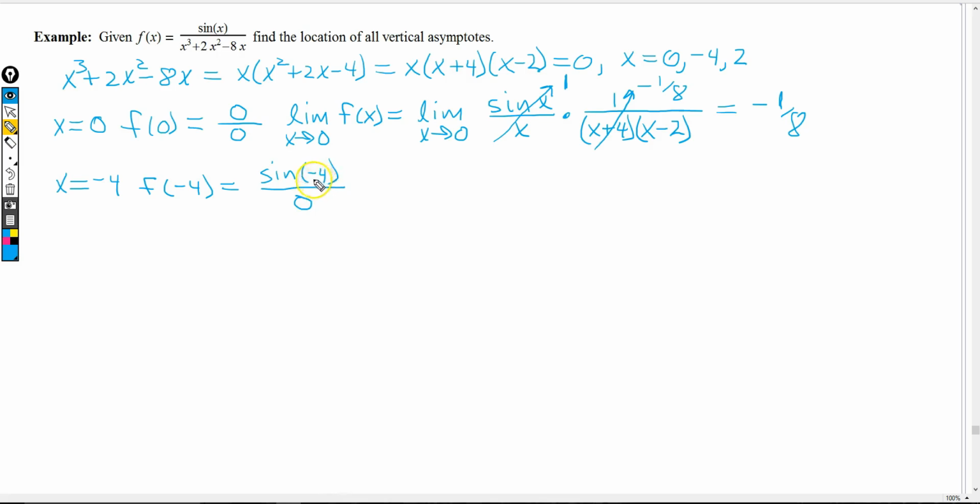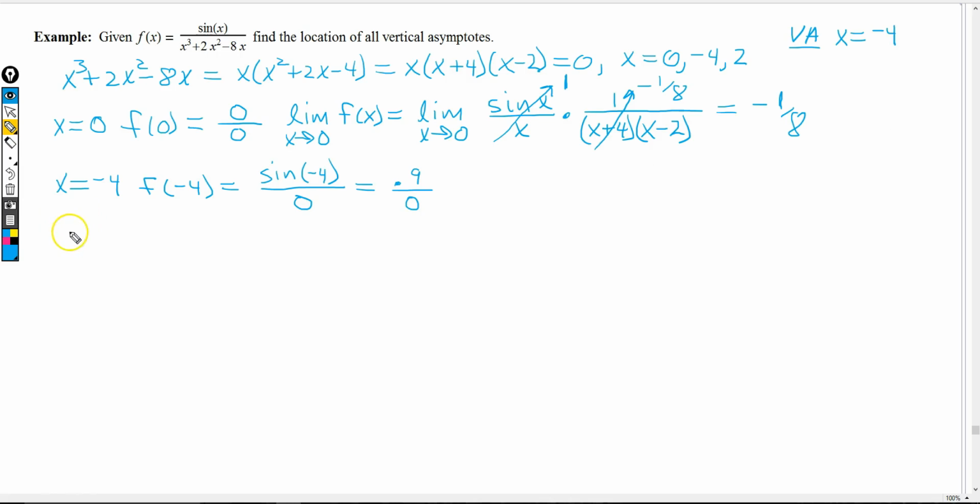And the sine of -4 is actually a non-zero number, if you put it into your calculator, you'll get something back like 0.9 divided by 0. And of course, that tells us that -4 is definitely a vertical asymptote. Let's see, we'll just keep track of our vertical asymptotes up here. So x equals -4, that is definitely a vertical asymptote.